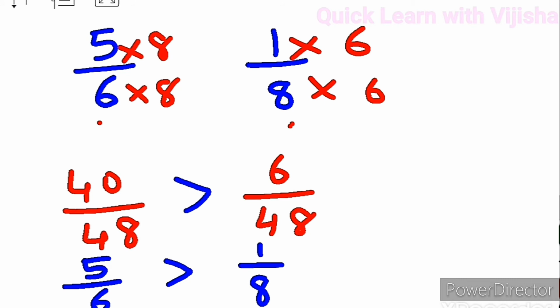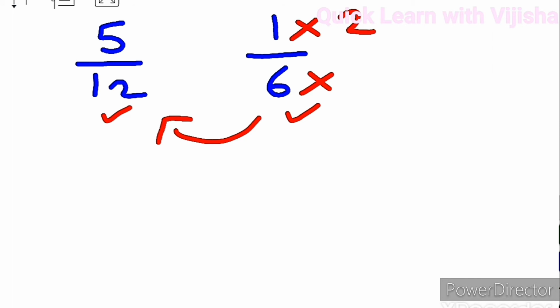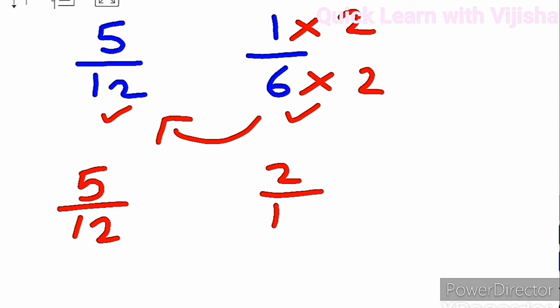Understanding, children? Let's see 10th question. 5 upon 12 and 1 upon 6. Here also denominators are different. Neither numerators are same. So we will make it same, like in 6 table 12 goes. So we will multiply only this side with 2. Understanding, children? So here the fraction is 5 upon 12 and 1 2s is 2, 6 2s is 12.